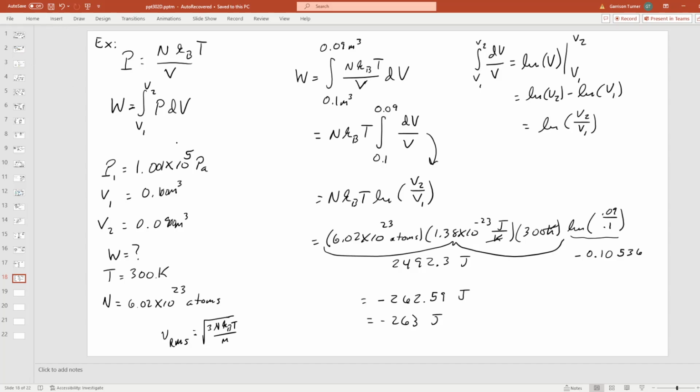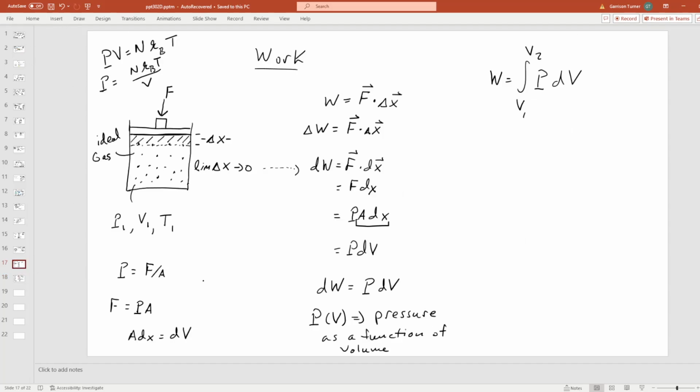But so that is how you calculate this work. The entire idea is that you need to get your pressure as a function of volume to then do this integral. This integral is the work done in a thermodynamic sense.